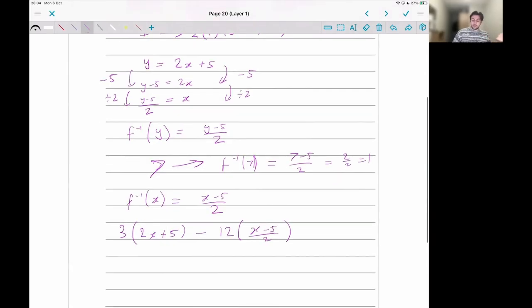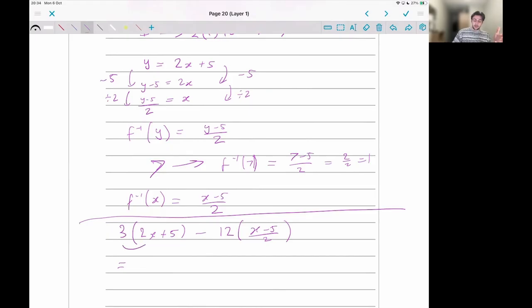And now I'm going to just draw a line to separate that we're starting something new. Now we're just going to try and not change this answer. We're just going to do things that keep it the same. We make it look simpler, but we're not going to change its value at the end. So we can expand these brackets on the left.